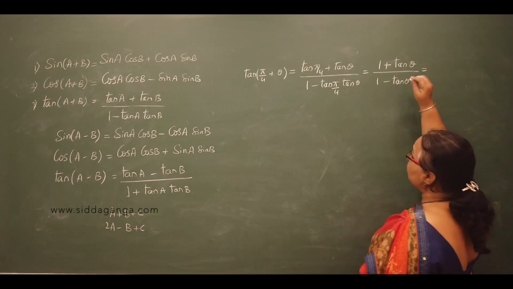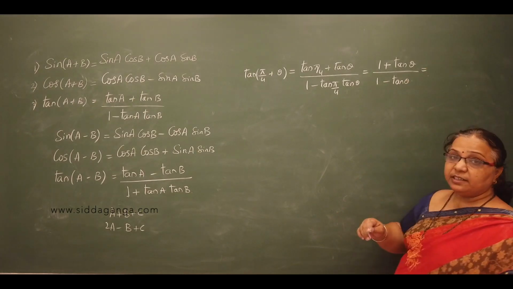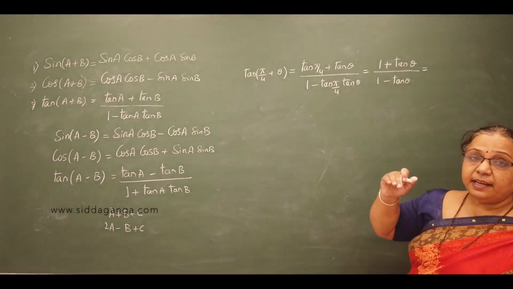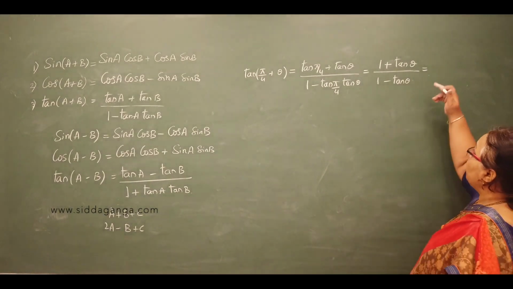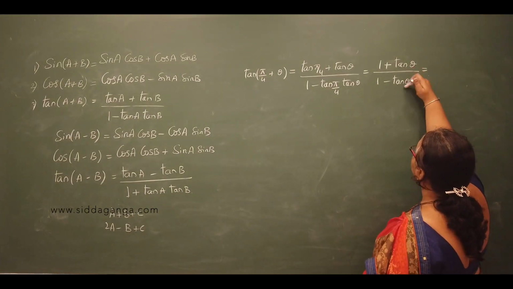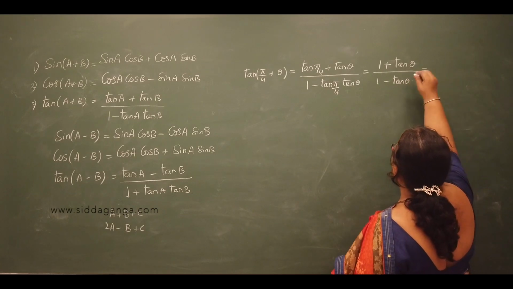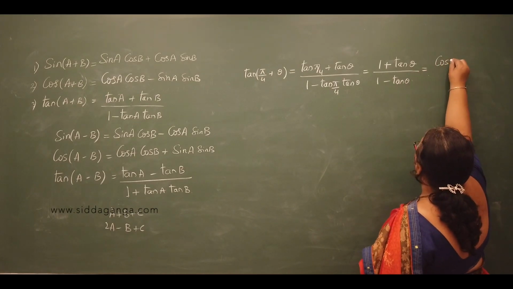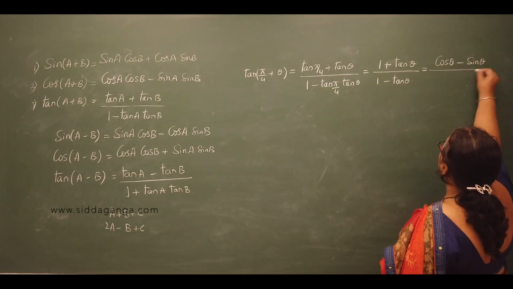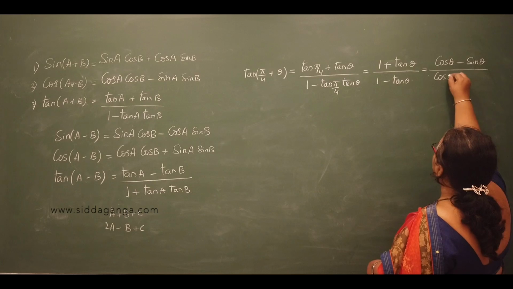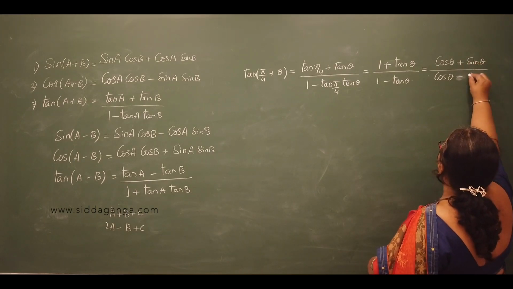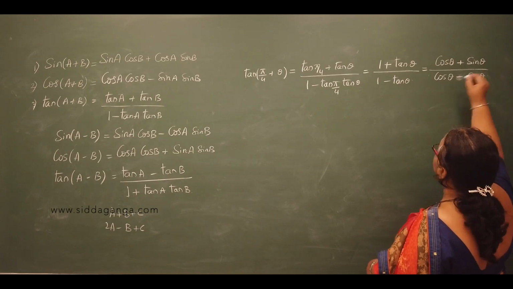This can also be written as, we know that tan theta equals sin theta divided by cos theta. So expressing tan theta as sin theta by cos theta in both numerator and denominator and taking LCM, we get cos theta plus sin theta divided by cos theta minus sin theta.